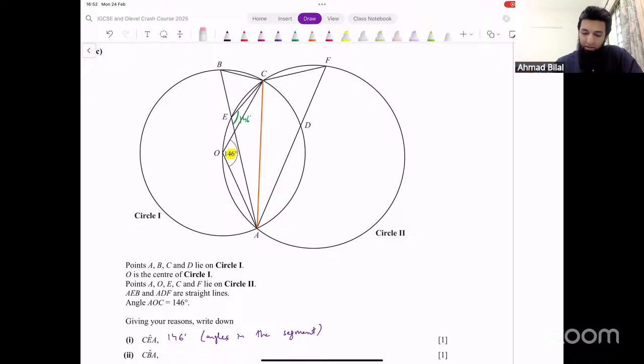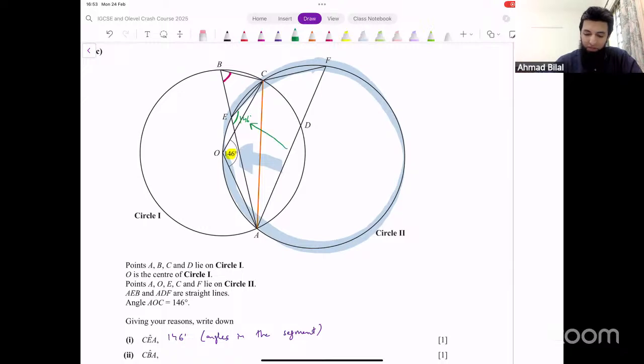CBA, that is this angle here. Okay, so earlier, I was looking at the circle on the right side. So this angle 146 was at the circumference of that circle.